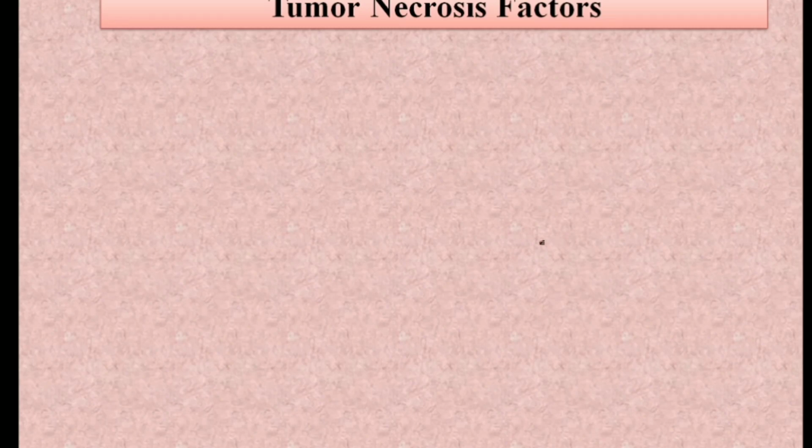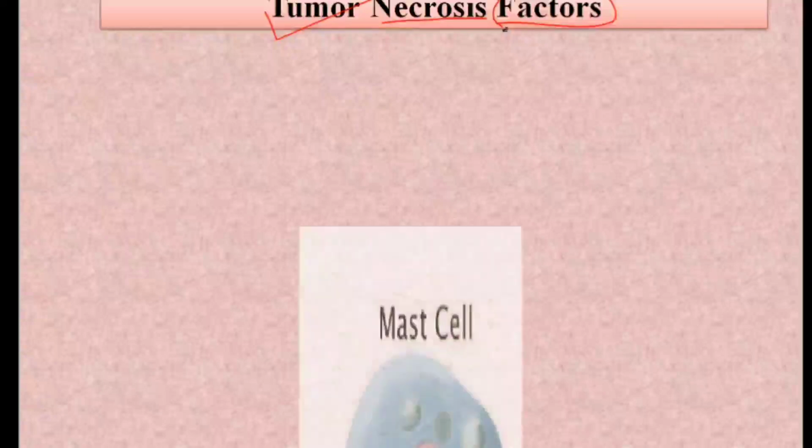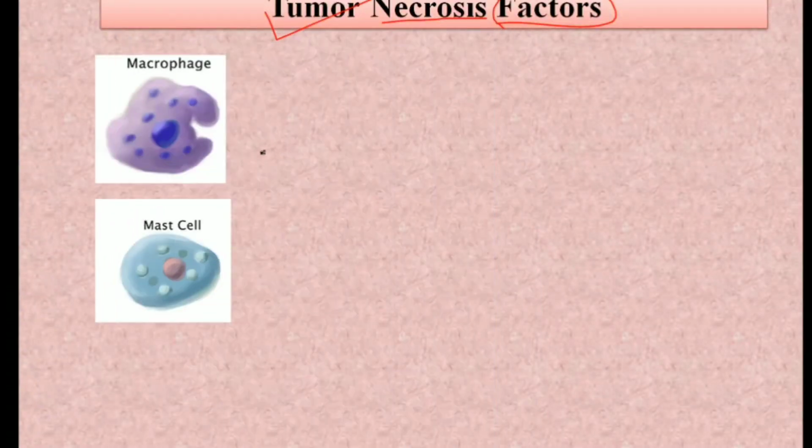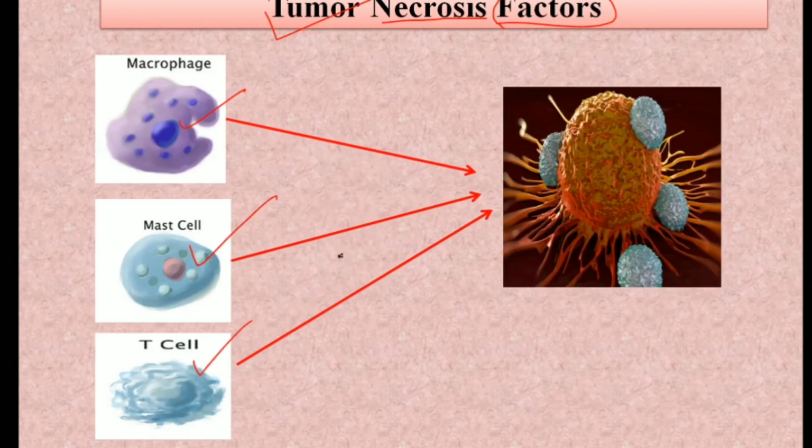So now let's see what the tumor necrosis factors are. These are also some types of factors that are produced by the mast cells or the macrophages, and also might be T cells. These tumor necrosis factors are attached to the cell membrane and are responsible for regulating the immune response mechanism of the cells.